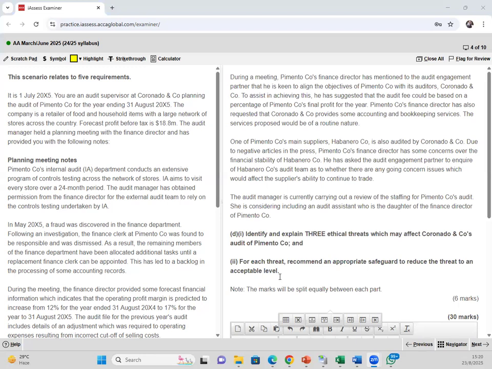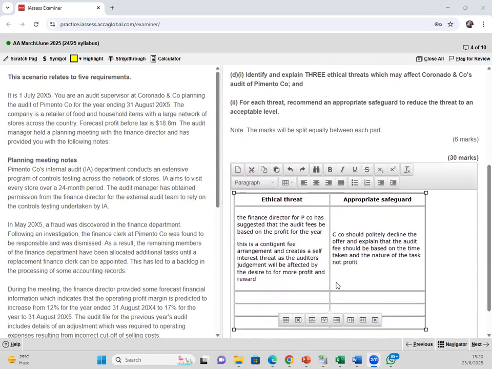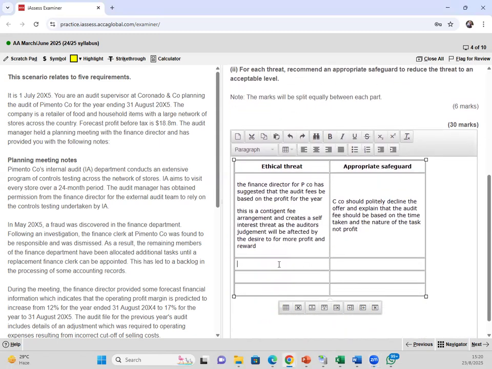Okay, let me help with that one. So we are being told that the audit manager is considering including the daughter of the finance director in the audit team. That's the indicator.